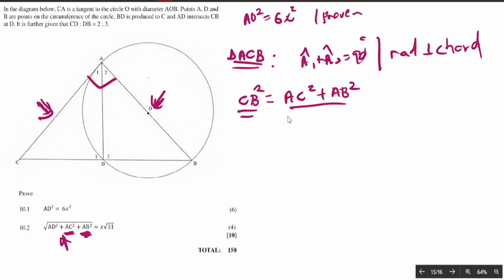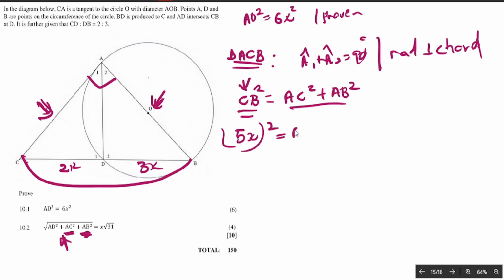Remember, we still have an idea on how to go about this CB. CB is the entire thing from here to here, which the smallest one was 2x, and then here it was 3x. So you combine both, it's going to be 5x. So it's going to be 5x squared is equal to AC squared plus AB squared. So it's 25x squared is equal to AC squared plus AB squared, right? So this is what we have.